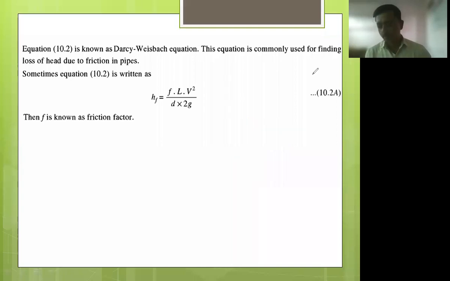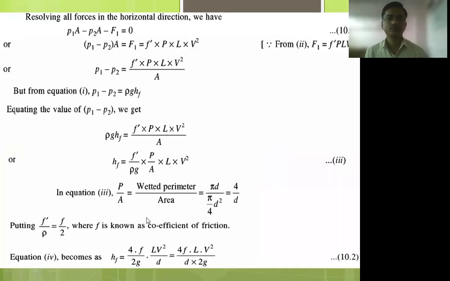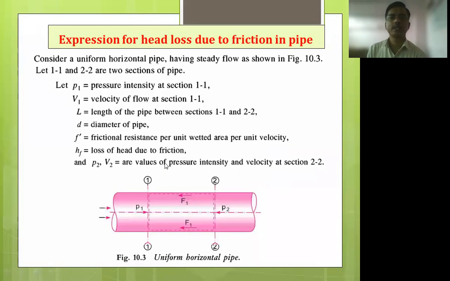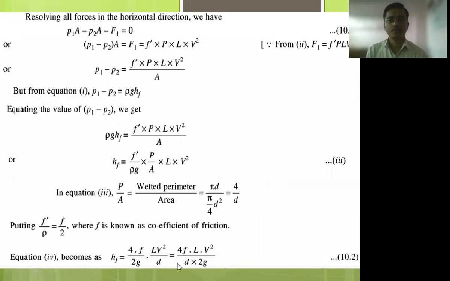So here, let us write down the equation for the Darcy-Weisbach formula. I think you have written this title directly. Write down this formula in your notebook. HF is equal to 4FLV square upon 2gD.